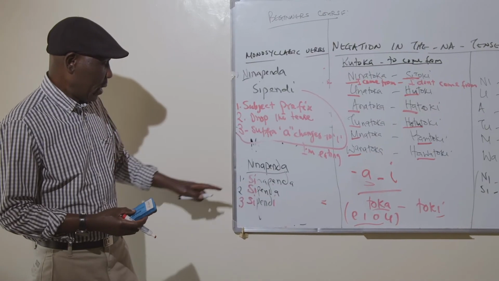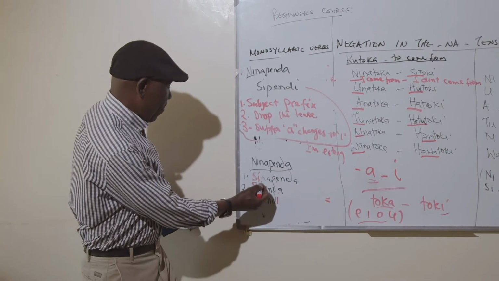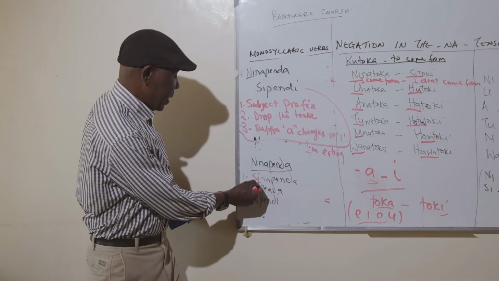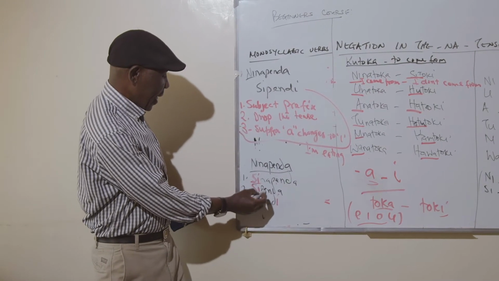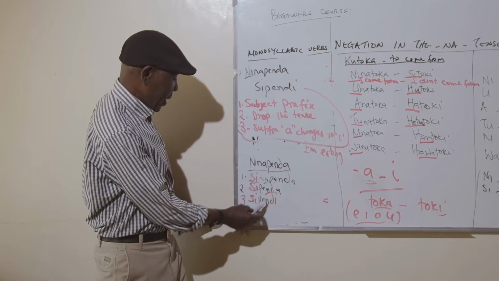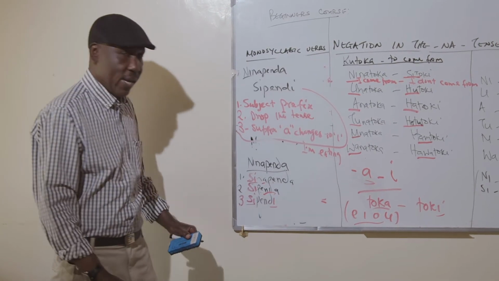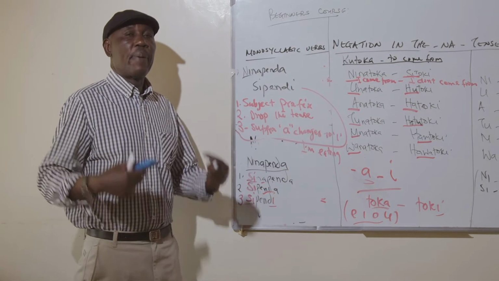First I negate the prefix, secondly I drop the na, I have penda, then thirdly I change the suffix a to i. Then it becomes sipendi.